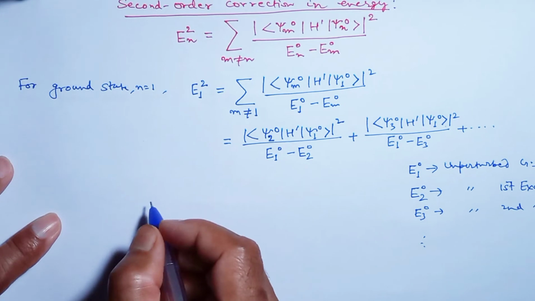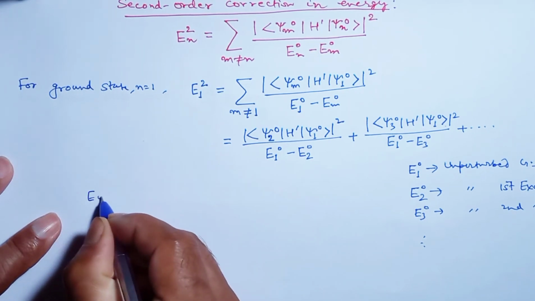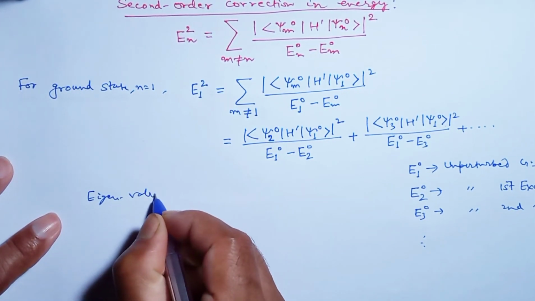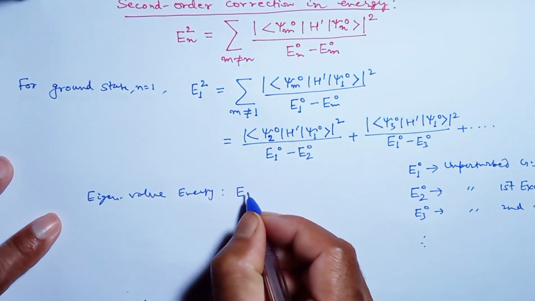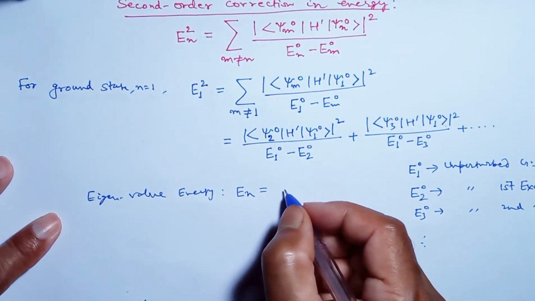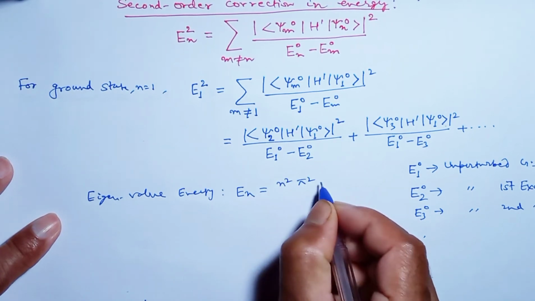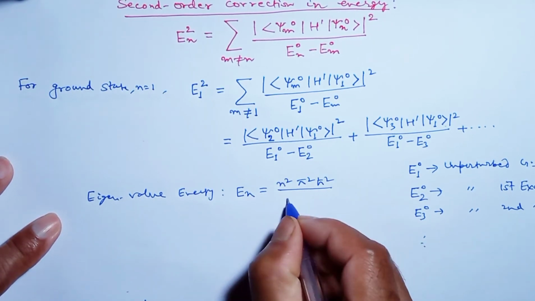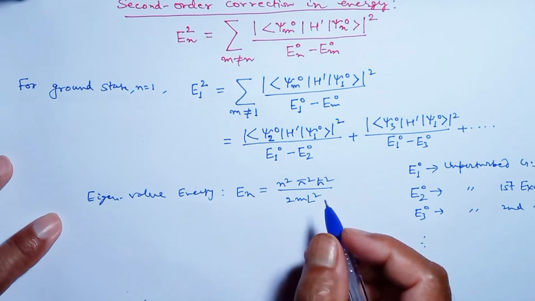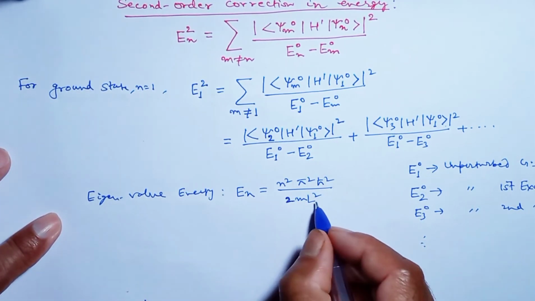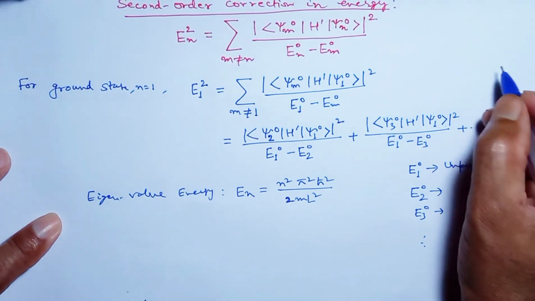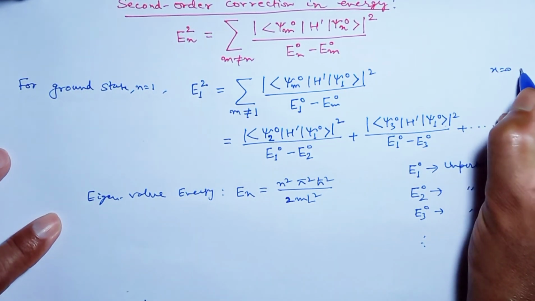Now the eigenvalue energy En is written as n square pi square h cross square upon 2 m L square for an infinite potential well where the side is L. Here the extension is from x equals 0 to x equals L, so the length is L.